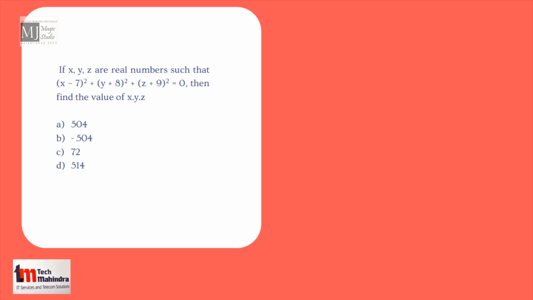If x, y, z are real numbers such that (x minus 7) whole square plus (y plus 8) whole square plus (z plus 9) whole square is equal to 0, then what is the value of x into y into z?